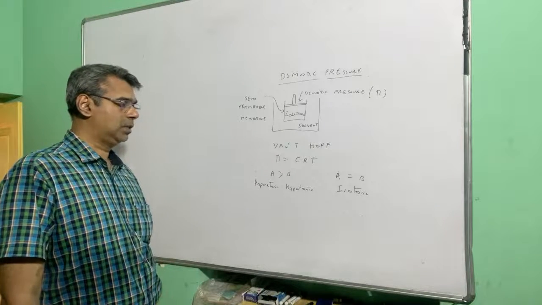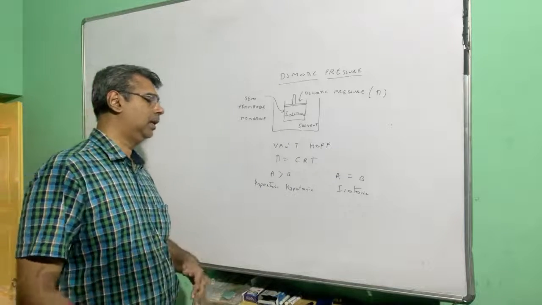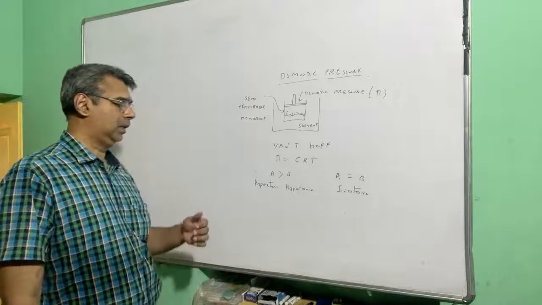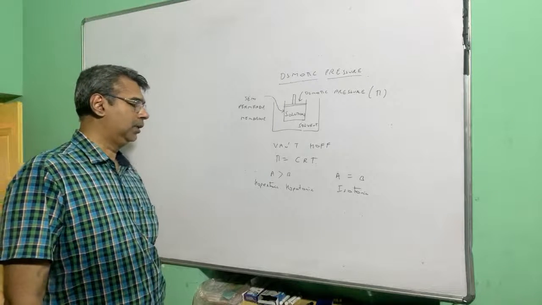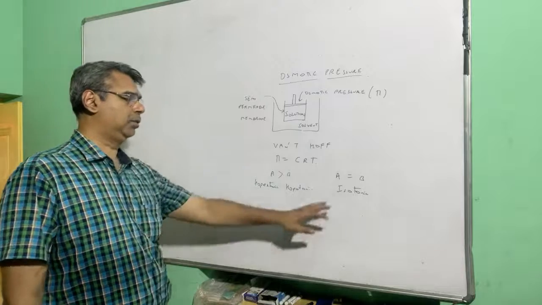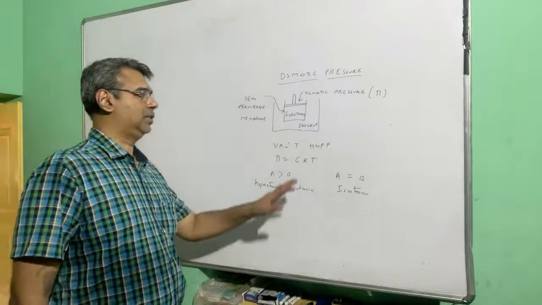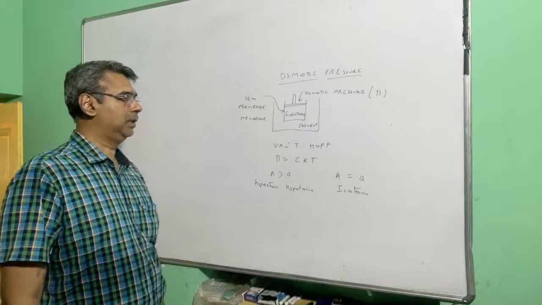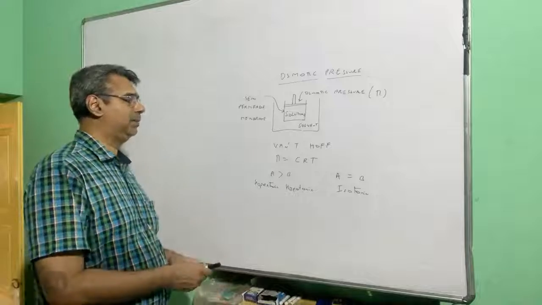So what is the use of all this? If you separate A and B by a semi-permeable membrane, then obviously the osmosis will be from the hypotonic to the hypertonic. If they are both isotonic, there won't be any osmosis at all. We have just started this topic today, osmotic pressure. And why are we doing this topic in this chapter?